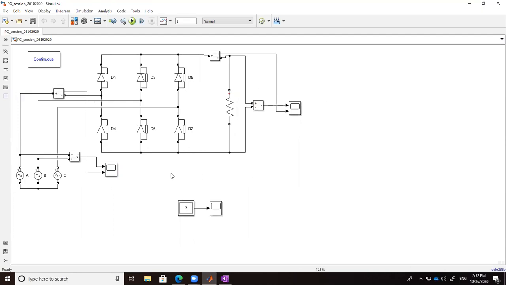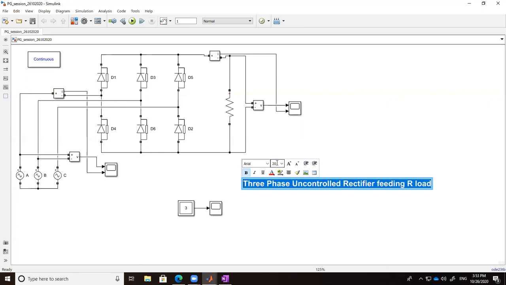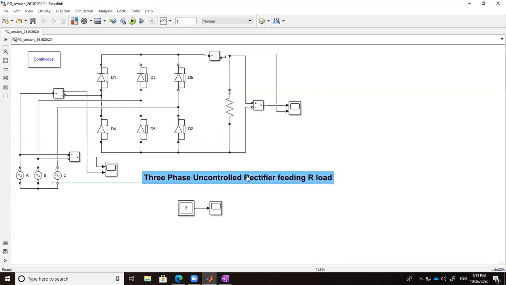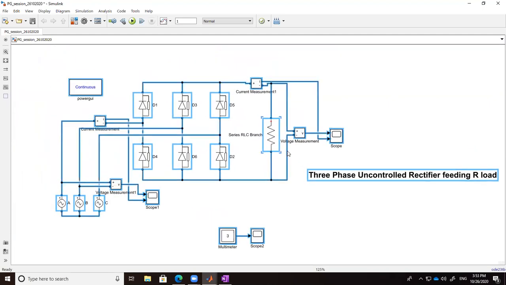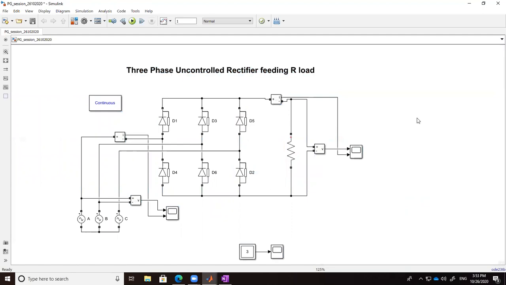Okay. We call it a three-phase uncontrolled rectifier feeding R load. Right? I can bring this entire simulation here and put this title here.